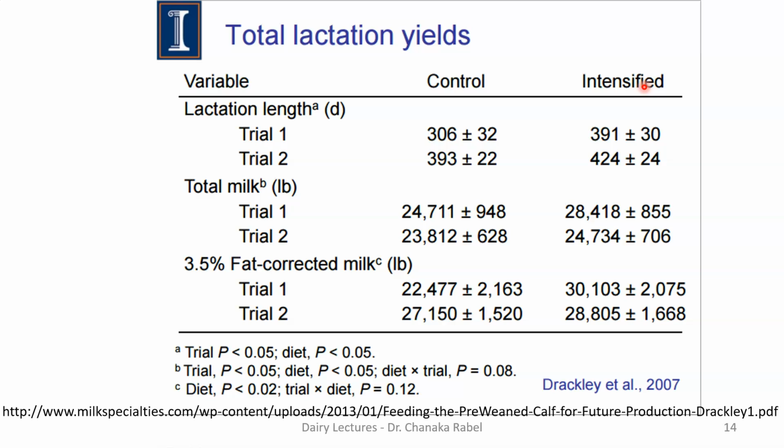So this is, other than the immediate benefits of intensified calf feeding, which are better rumen development, rumen papillary development, early weaning, better calf growth, the long-term benefits of intensified pre-weaning calf management. You get more milk, you get more value for your milk, and you get cows lactating for a longer period.